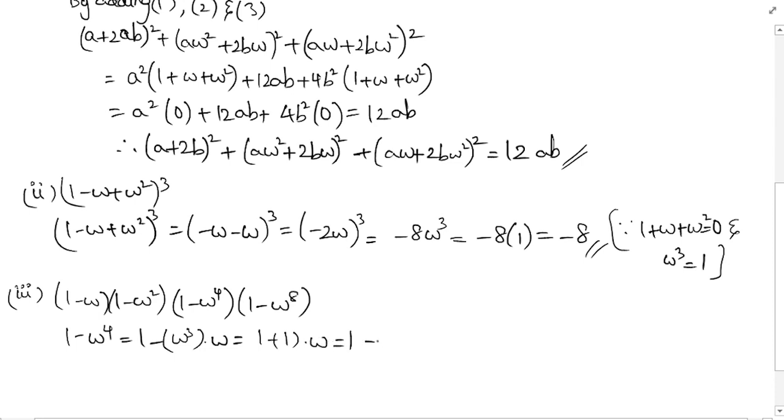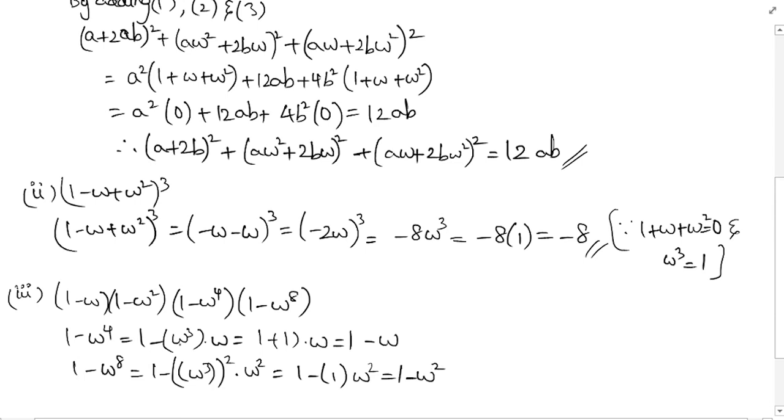This will be equal to 1 minus omega, right? So in the similar way, 1 minus omega to the power 8 can be written as 1 minus omega cube the whole square into omega square, which will be equal to 1 minus 1 into omega square, which will be equal to 1 minus omega square.